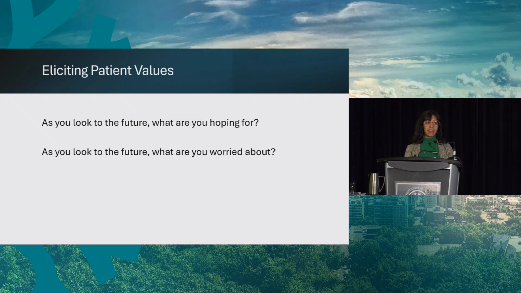Oftentimes, I will share with patients that these thoughts are not dependent on whether you have a neuromuscular disease or any other disease. It's just inherent to being a human being. We have these thoughts throughout. It's just a matter of figuring out how to share those things in a safe and open way.